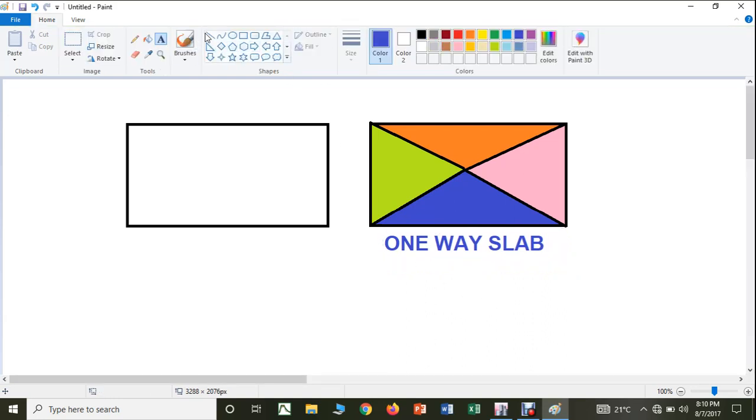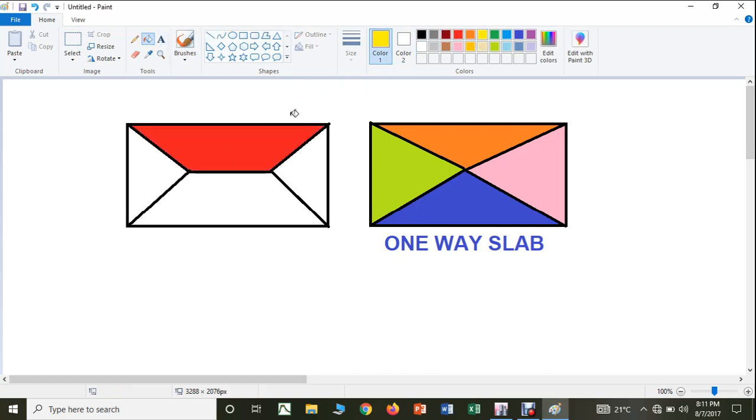So when you have the two-way slab, the distribution will be like this. When you have the two-way slab, the distribution of the load will be like this, right?